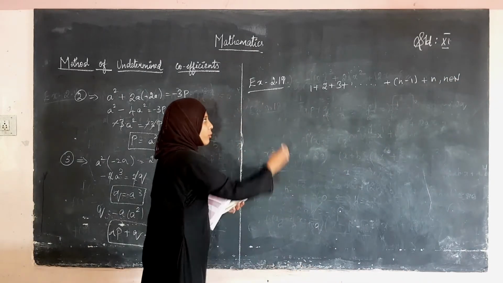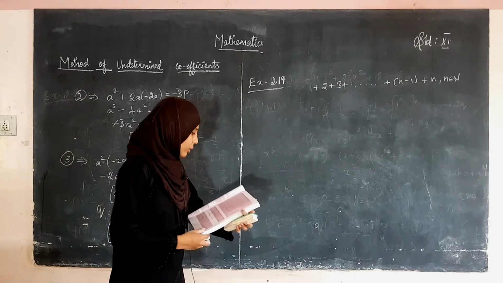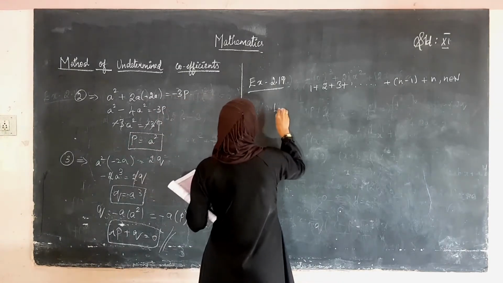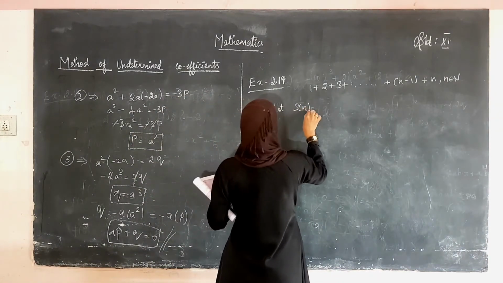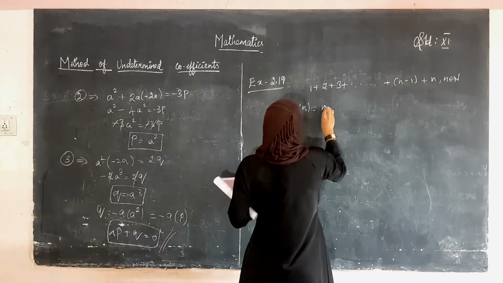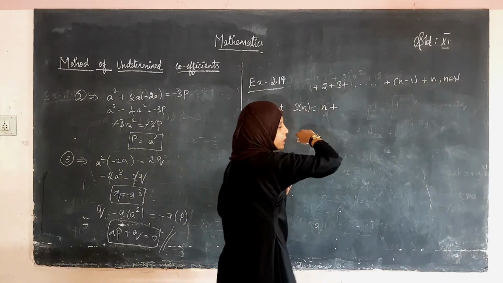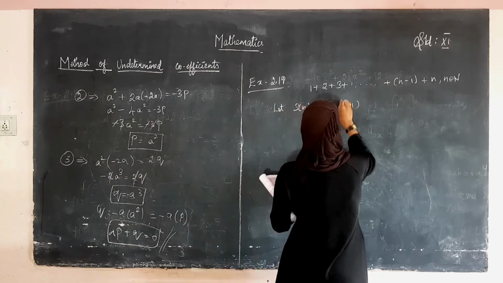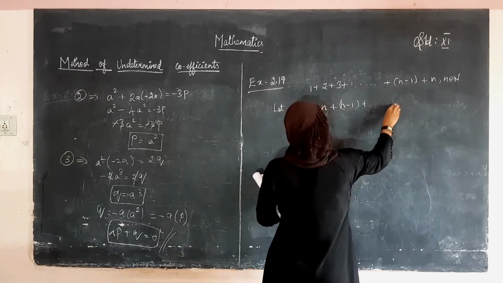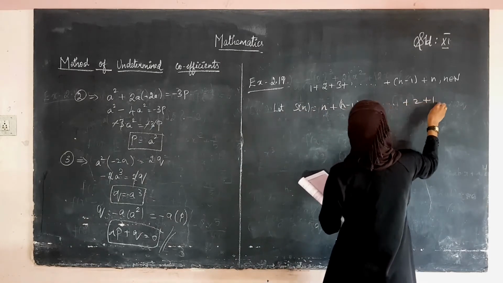We have to find the sum of this using the method of undetermined coefficients. So, let us take S of n is equal to n, we are taking from the reverse, n plus n minus 1 plus up to etc. plus 2 plus 1. Okay.